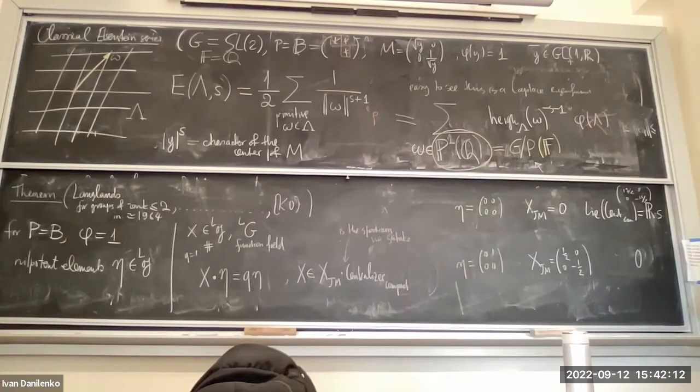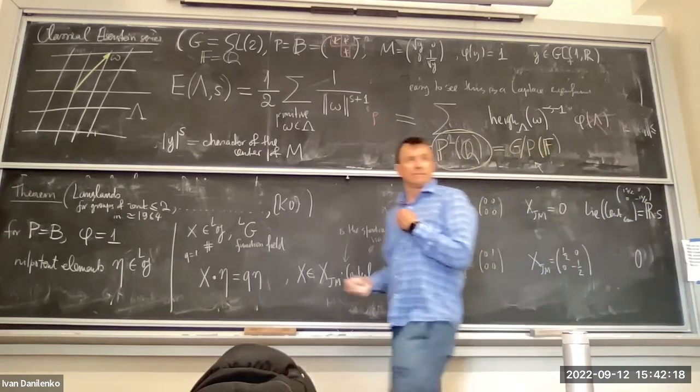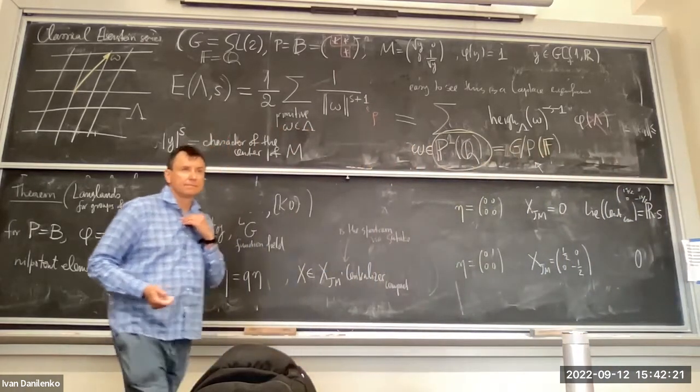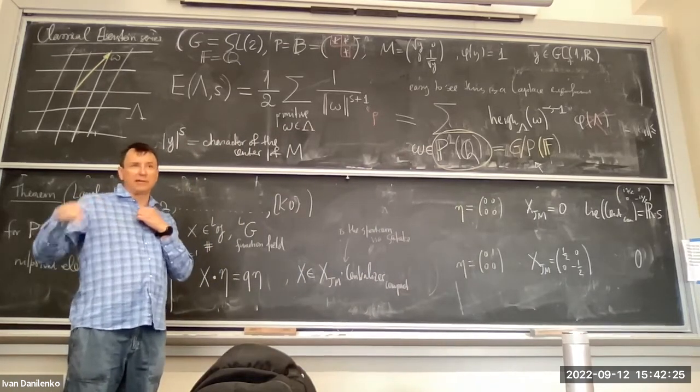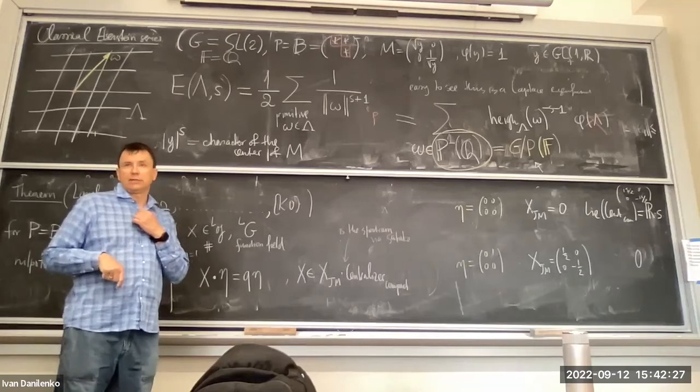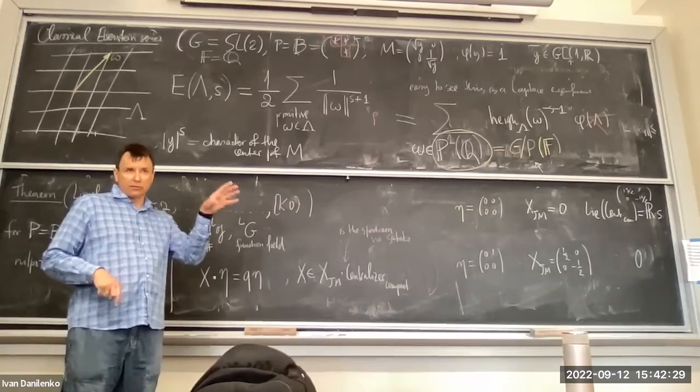Yes. X_J is the simple element of the principal element. That's right. And the compact central is the central element. You look in the central line for the element, there's a compact subgroup.